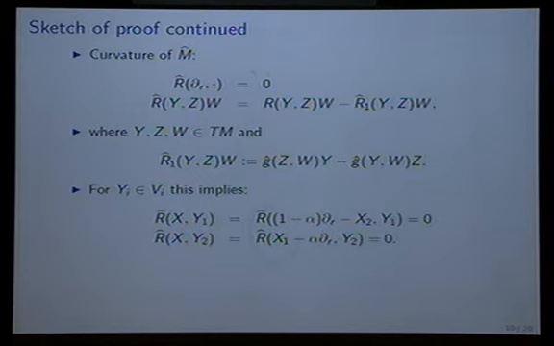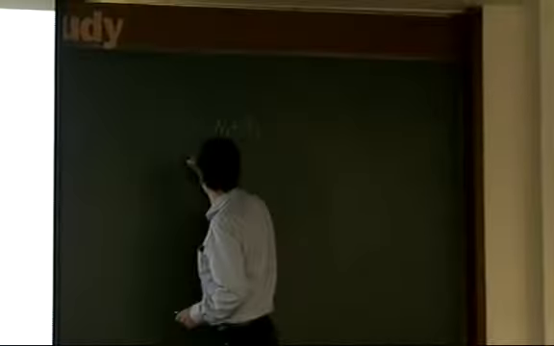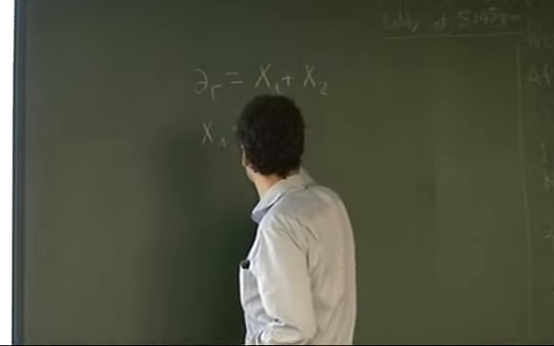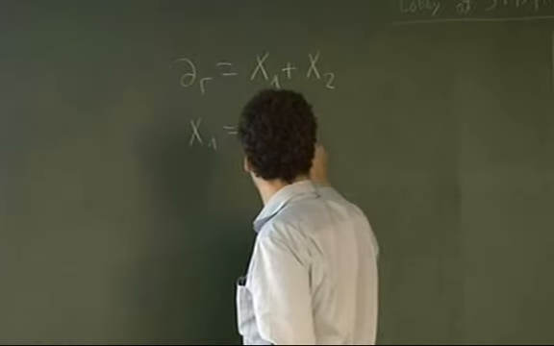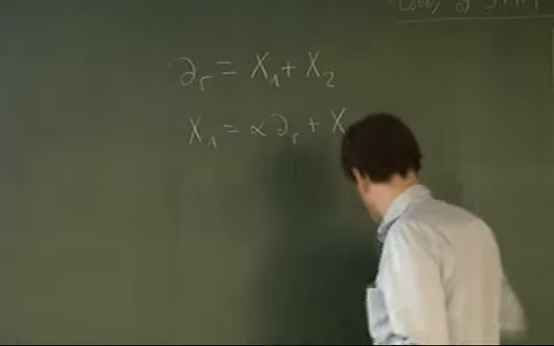To compute this, we first express X using d over dr and the vectors X1, X2, which I introduced a moment ago. d over dr was X1 plus X2, and then we had X1 equal alpha dr plus X, and so on.